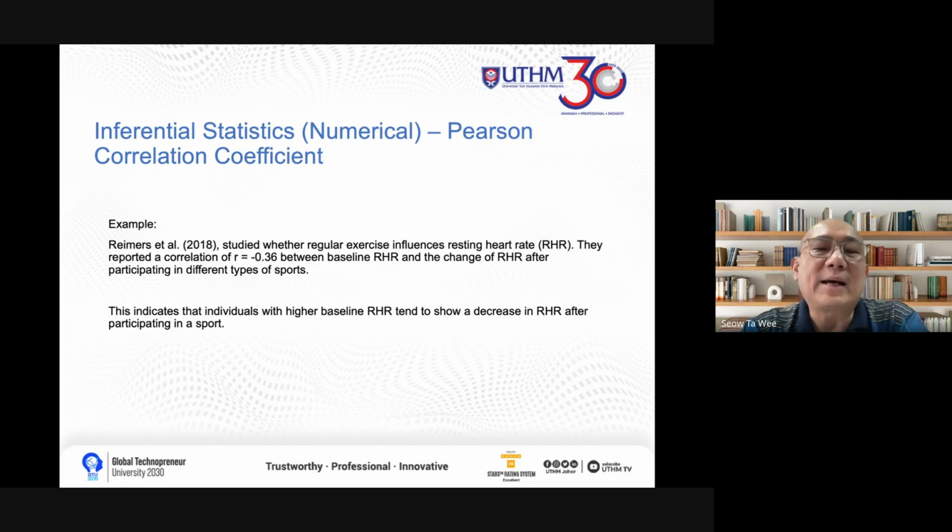The next is an example, Ramus 2018 study on whether regular exercise influences resting heart rate (RHR). They reported a correlation of R minus 0.36 between the baseline RHR and the change in RHR after participating in different types of sport.